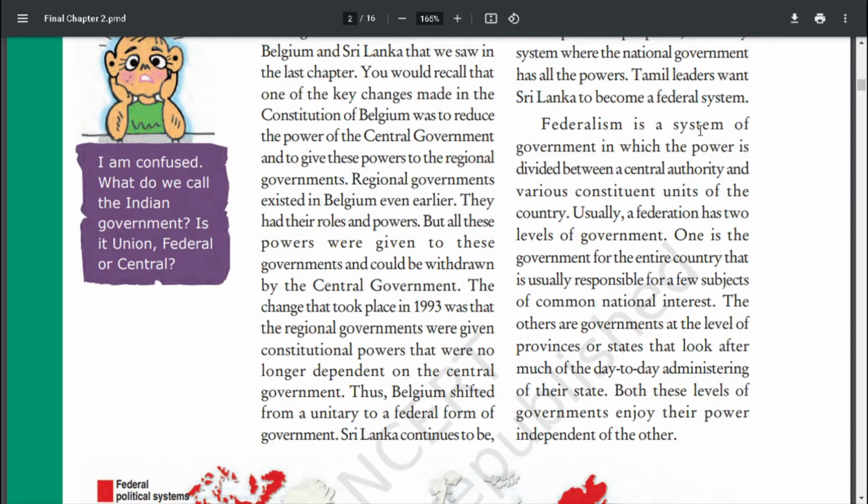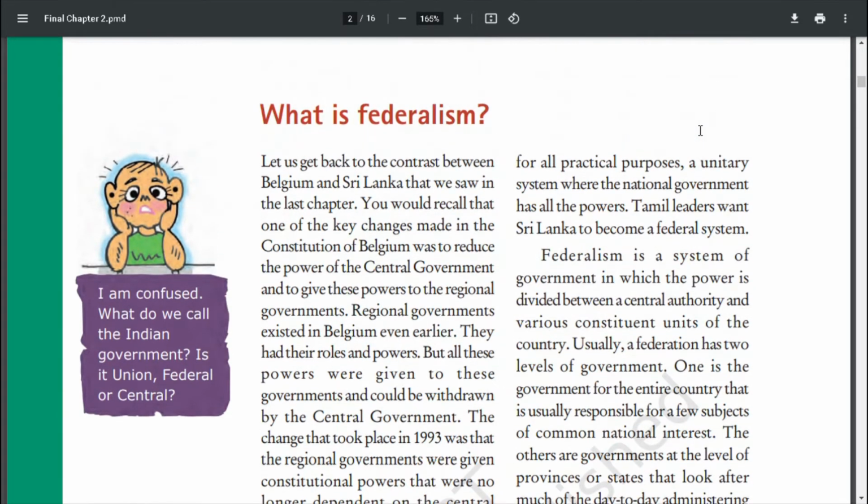The change that took place in 1993 was that the regional governments were given constitutional powers that were no longer dependent on the central government. Thus, Belgium shifted from a unitary to a federal form of government. Sri Lanka continues to be, for all practical purposes, a unitary system where the national government has all the powers. Tamil leaders want Sri Lanka to become a federal system.